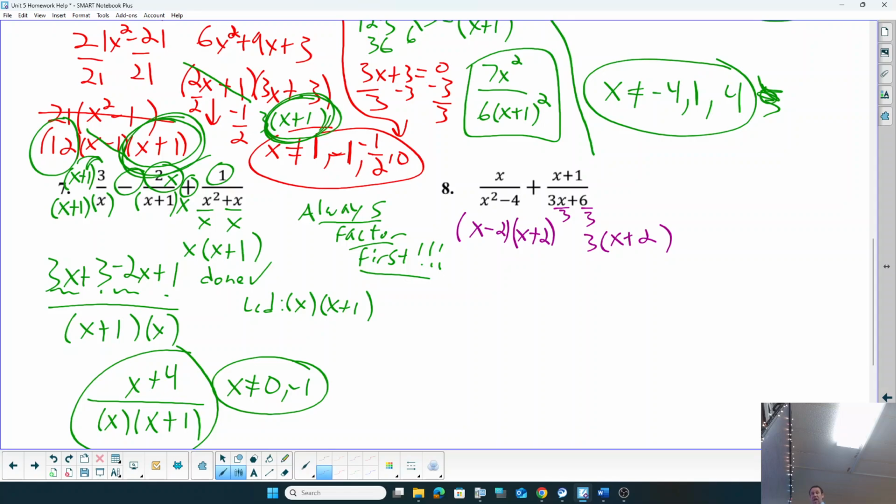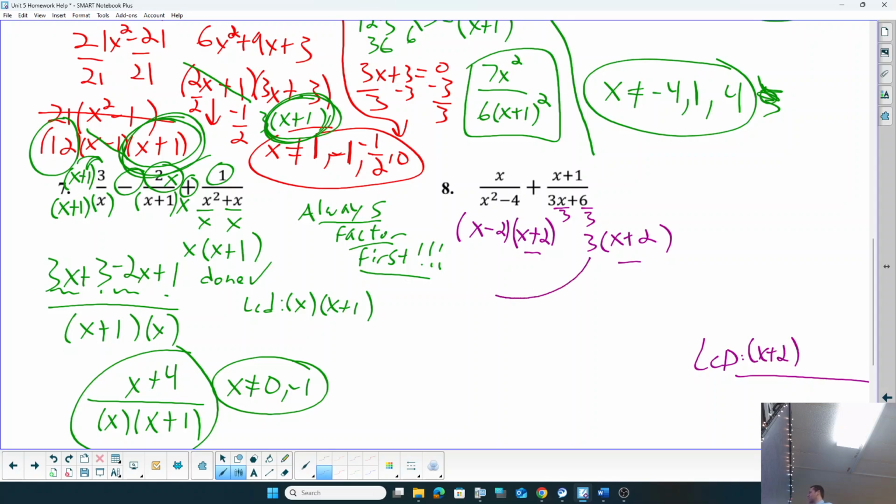This makes me think of the test where we're actually going to ask you something like this, and we want to know what's the LCD, the least common denominator. The least common denominator is a combination of all 3 of them. Don't forget that for the test. Both sides have x plus 2, so that's x plus 2.